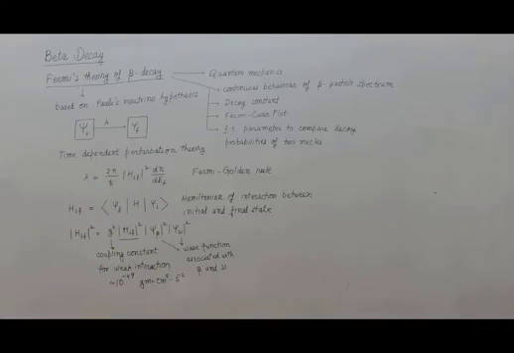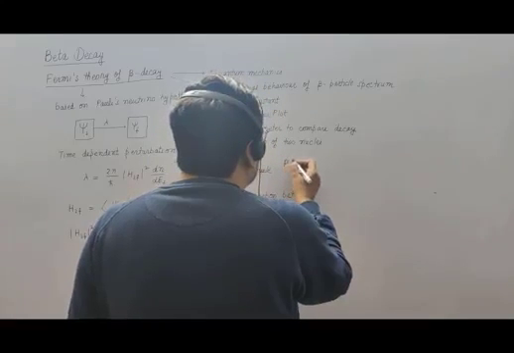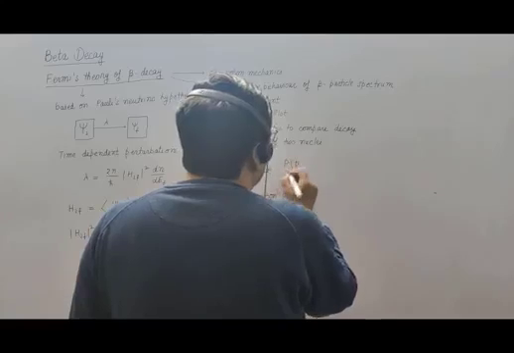On the basis of this, he obtained an expression for the probability of the emission of a beta particle per unit time within the momentum interval Pe and Pe plus dPe.